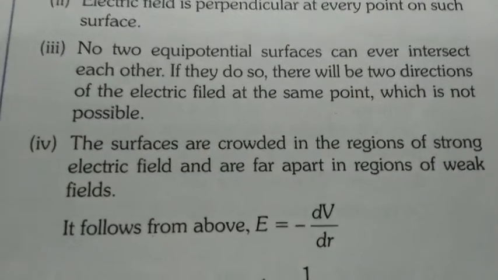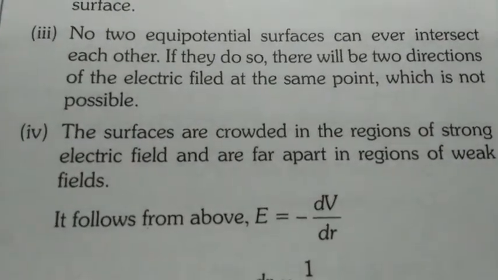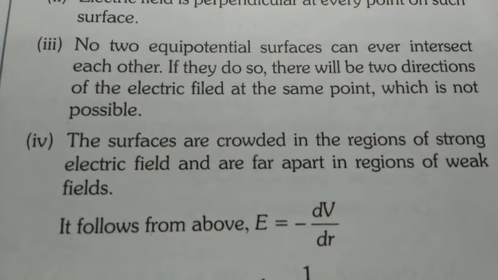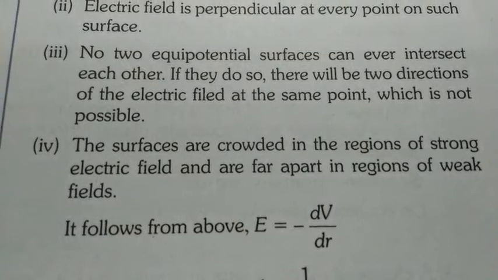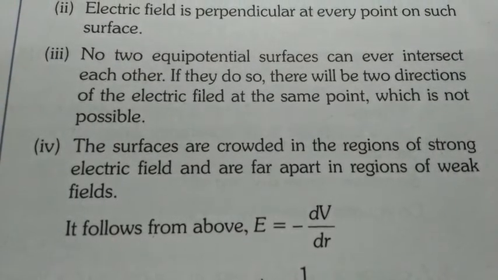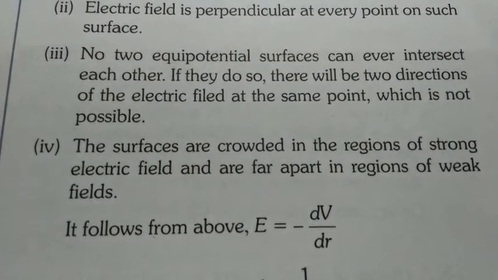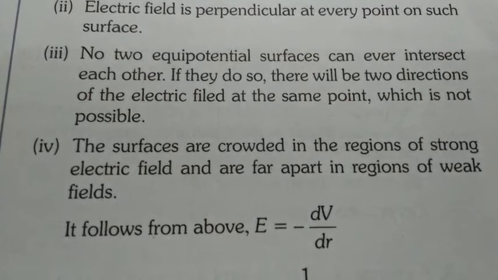You basically have to remember this thing only, that in regions of strong electric field, the surfaces are close to each other, and in weak fields they are far from each other.